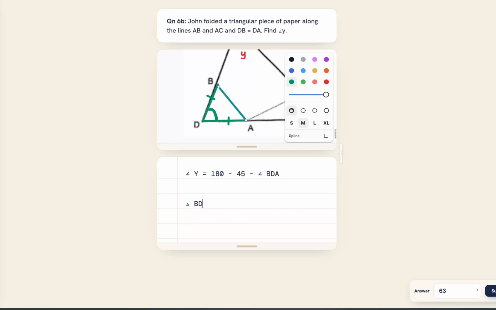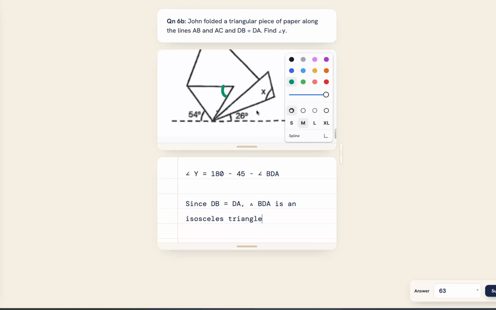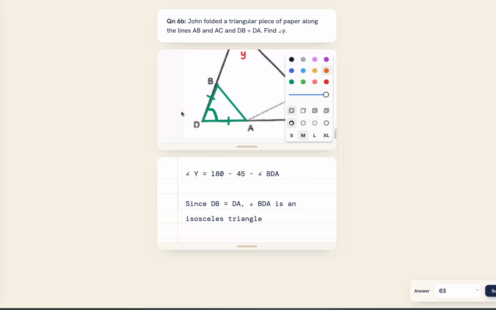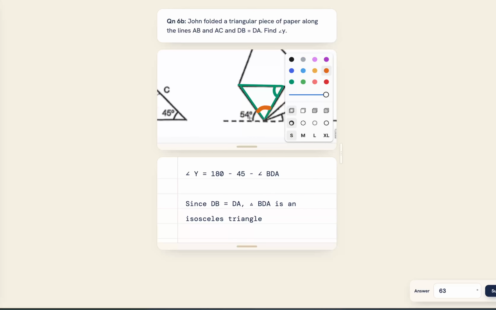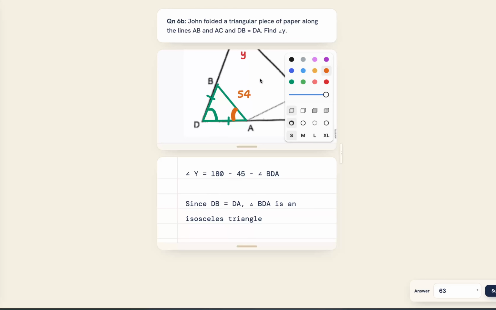Triangle DBA, since DB is equal to DA, is an isosceles triangle. So we technically can get this angle. What do you think this orange angle is? If you think it is 54 degrees, then you're right. So this is 54 and this is also 54.